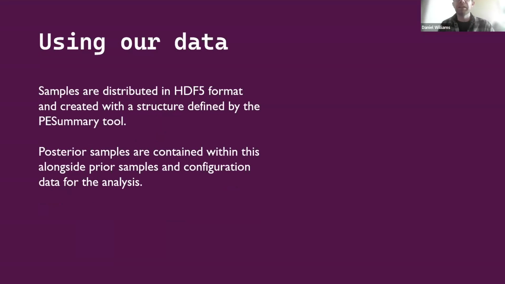The samples come in this HDF5-based format, which PE Summary produces, and as well as the posterior samples which we produced during parameter estimation, we release things like prior samples, so samples evaluated directly from that prior distribution at the various points in parameter space where we've evaluated the posterior, along with all of the configuration data that you need to reproduce the analysis, the power spectral densities, the PSDs, that estimate of the noise, and various other things which go into producing one of our parameter estimation runs.